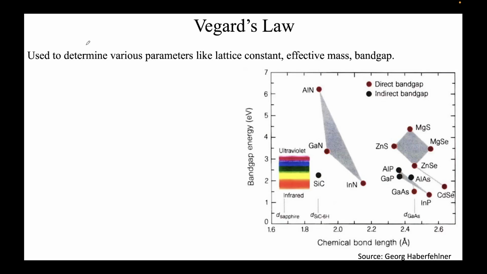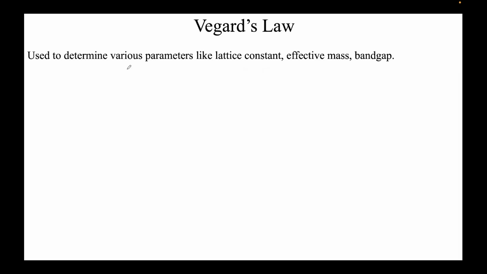Let me just take an example that would be better. Again the example I took in the previous slide, aluminium gallium nitride. This is a 3-5 semiconductor. I want to know the lattice constant for this particular compound.